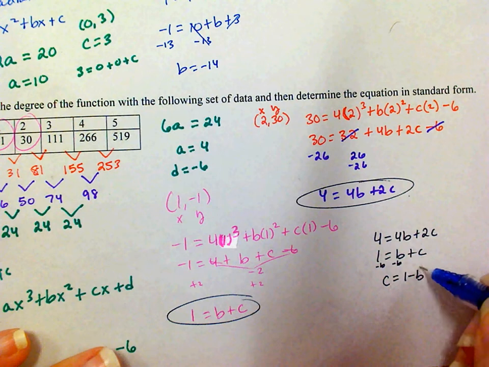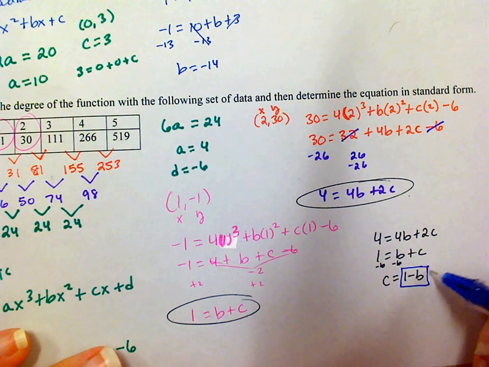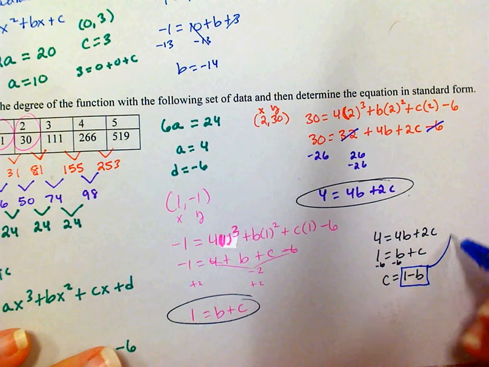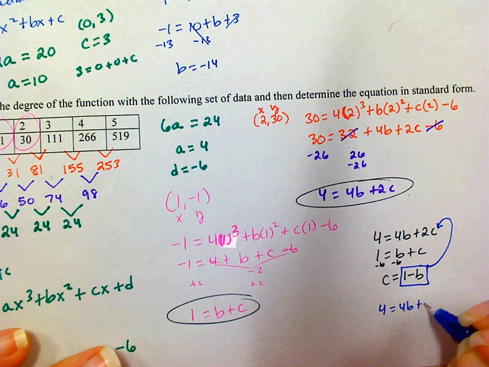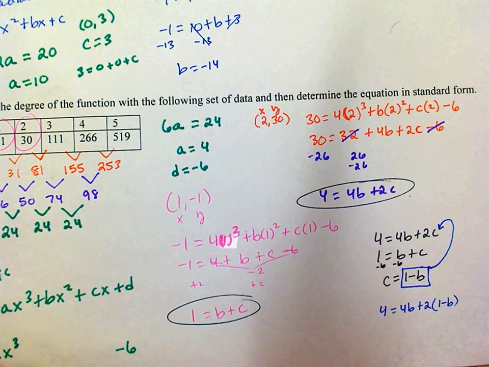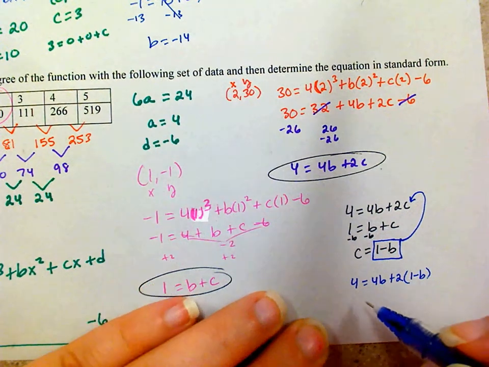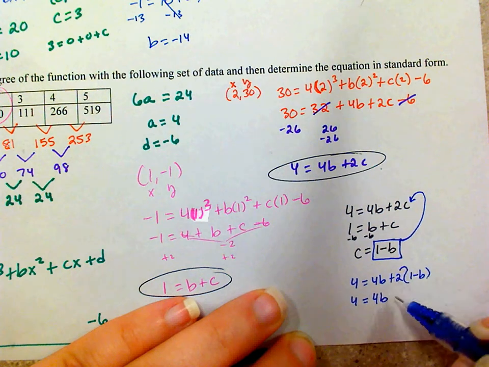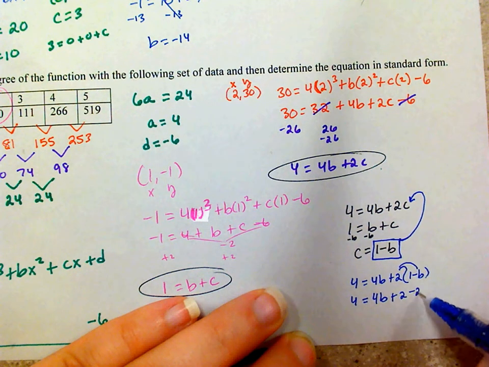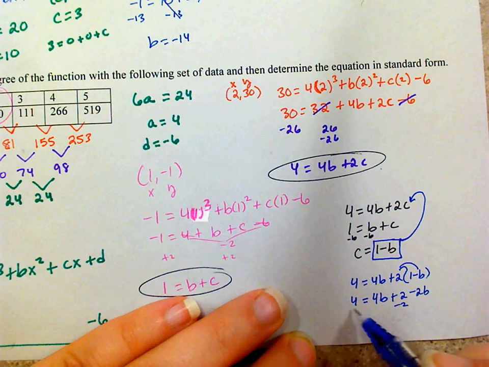So 4 equals 4b plus 2 times 1 minus b. So I've got 4 equals 4b plus 2 minus 2b. If I minus 2 from both sides, I'm left with 2. 4b minus 2b is 2b. Divide by 2, b equals 1.